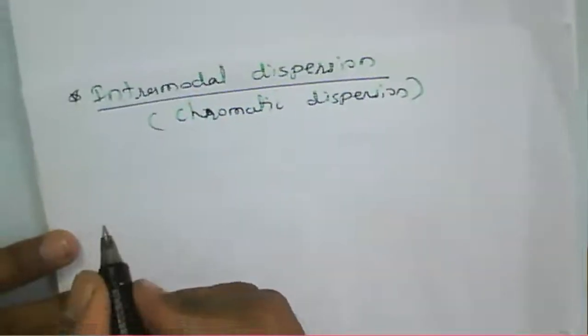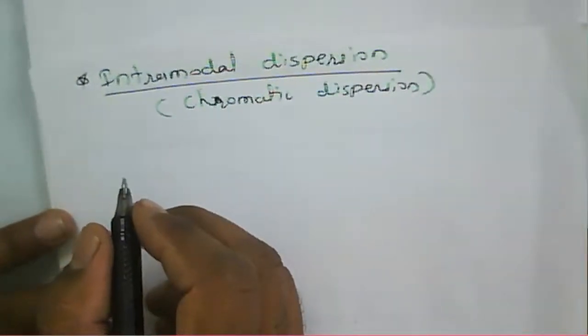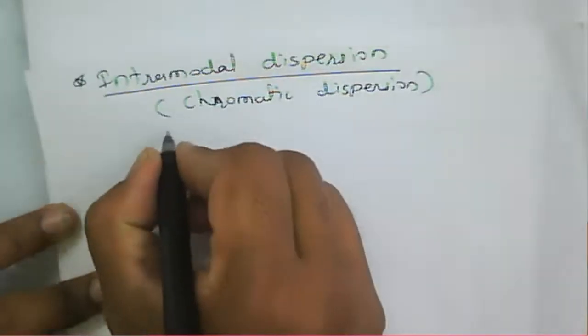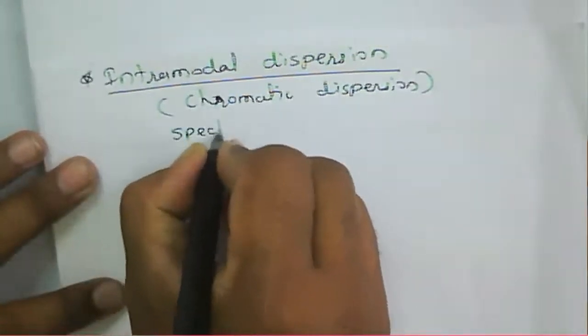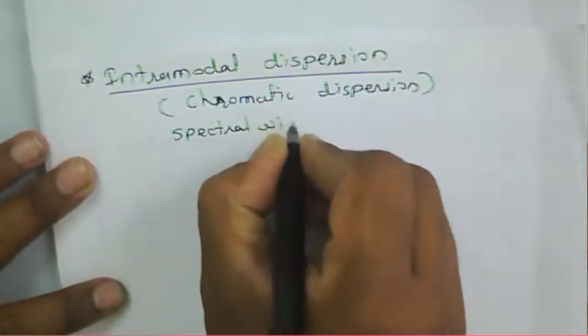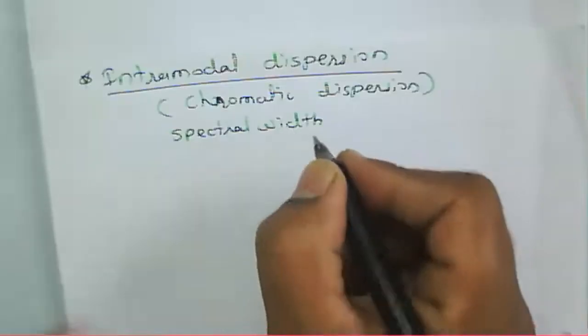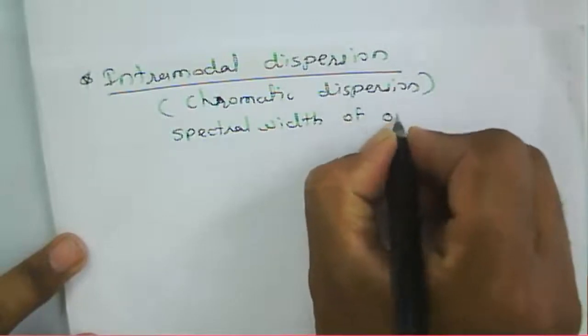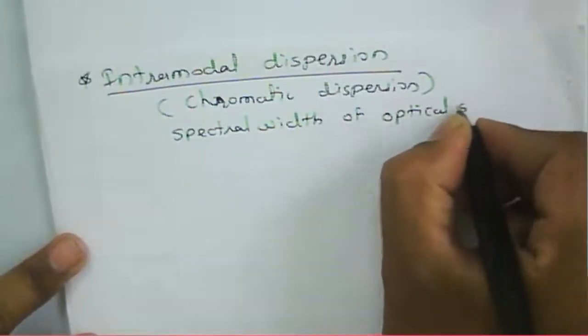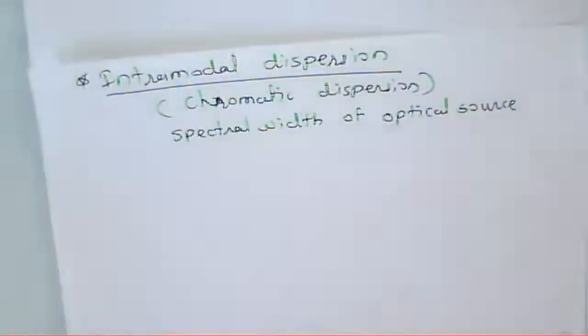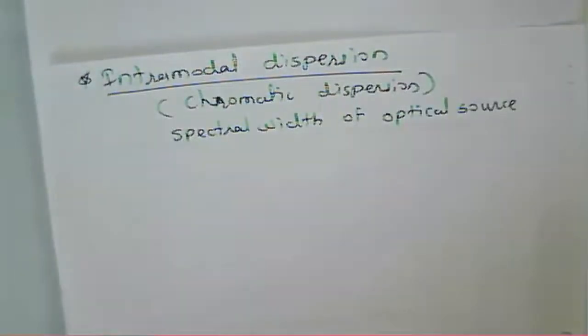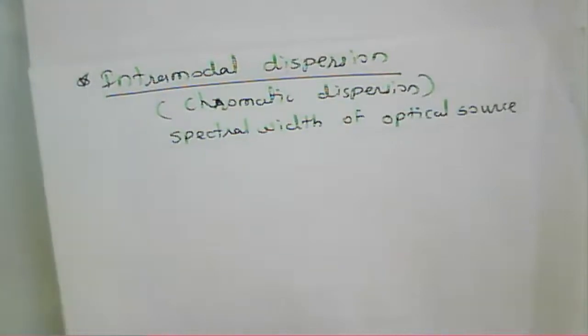and that dispersion occurs because of the spectral width of the optical source.